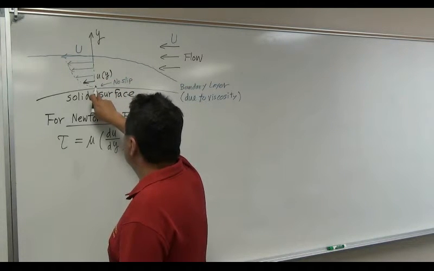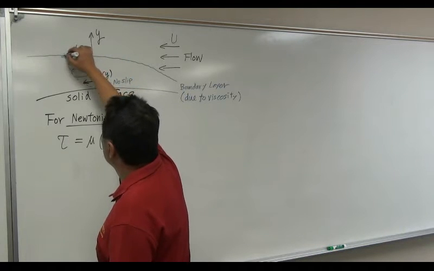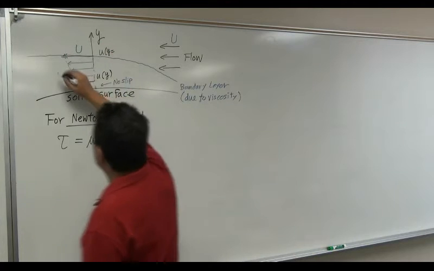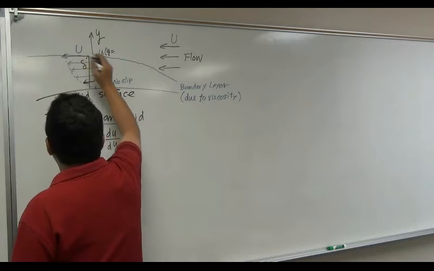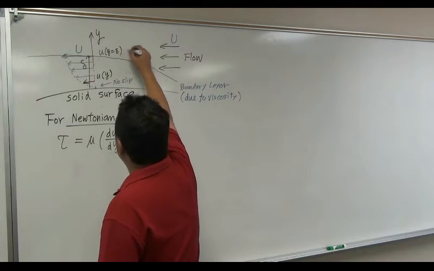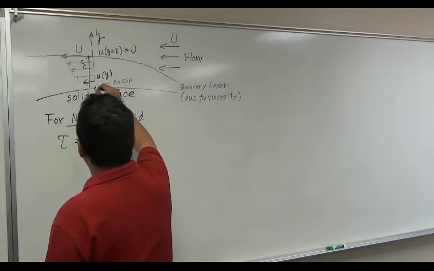Right here, velocity is 0. Right here, velocity is u. Okay? So u at y equal to, let's say, delta. This is called boundary layer thickness. At the edge of the boundary layer, velocity is u. Okay?